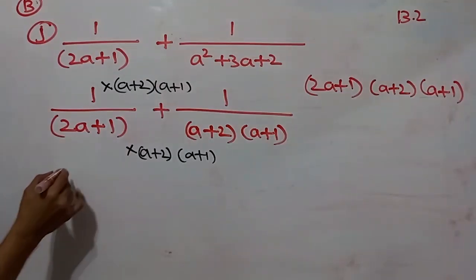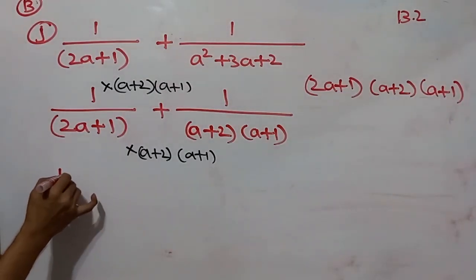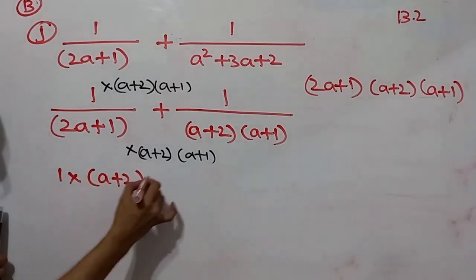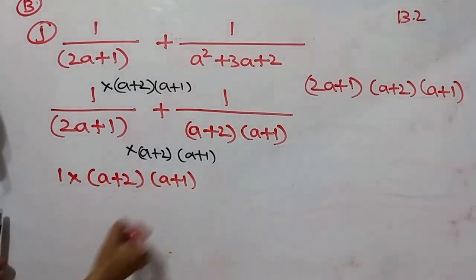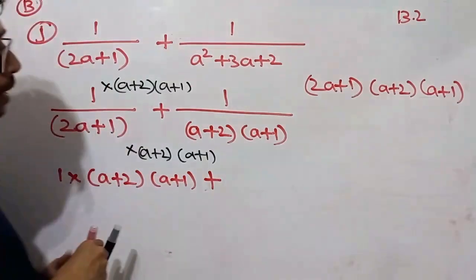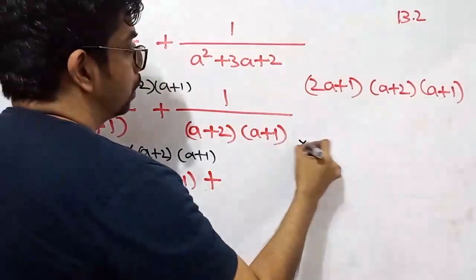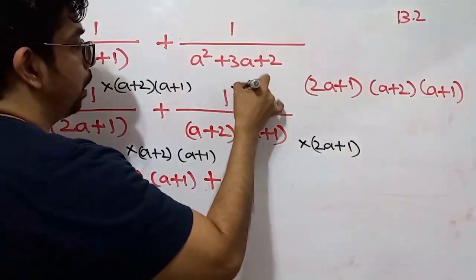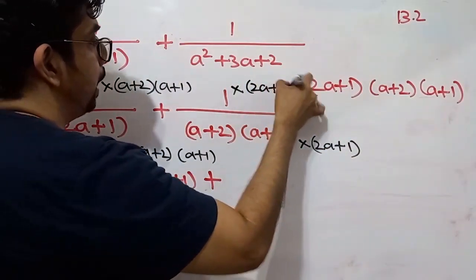So I have 1 into (a plus 2)(a plus 1) plus. Here this term should be multiplied by what? 2a plus 1. That means we need to multiply 1 by 2a plus 1 as well.